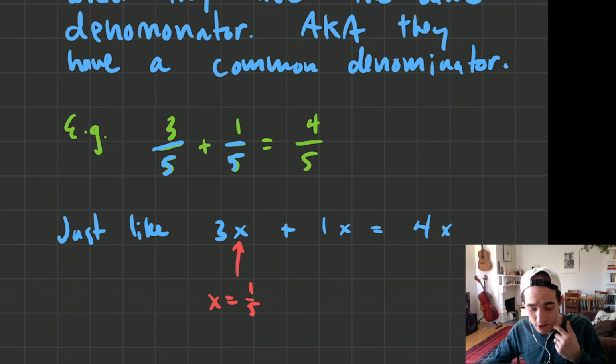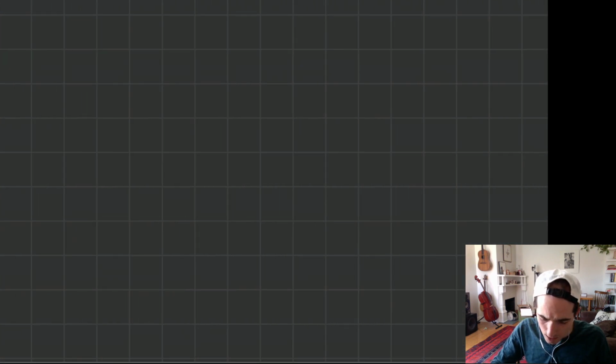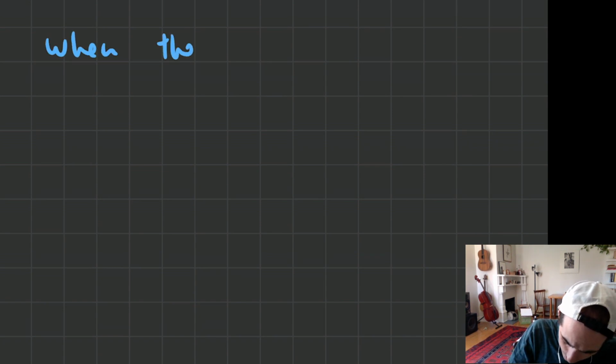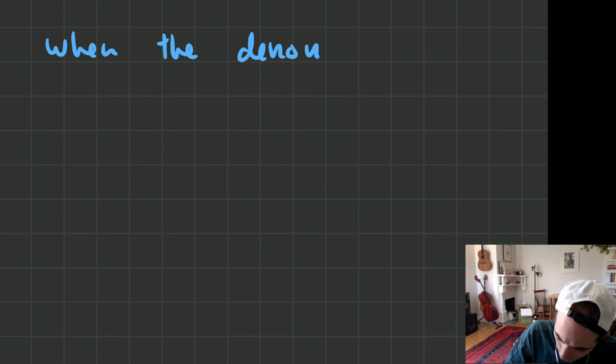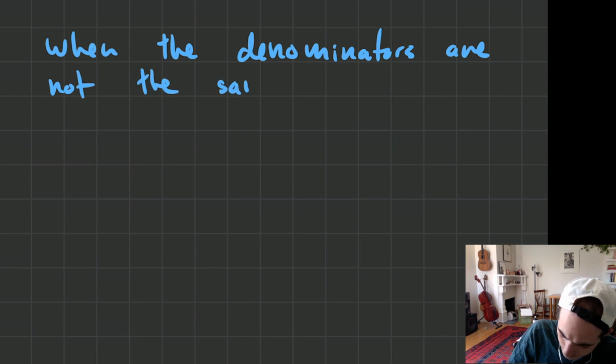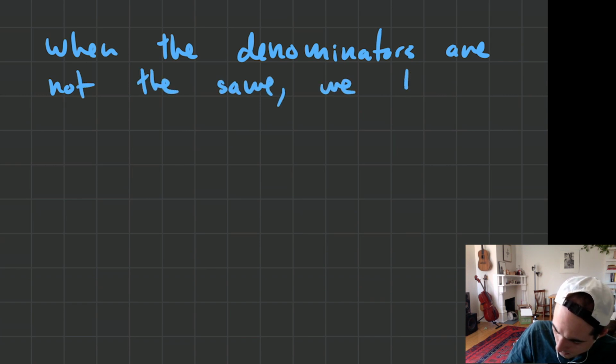And if the denominators are not the same, we have a problem because we're no longer adding things that are alike, right? So let's see here. How do I write this? When the denominators are not the same, we have a problem.